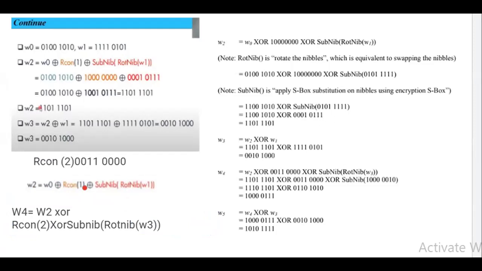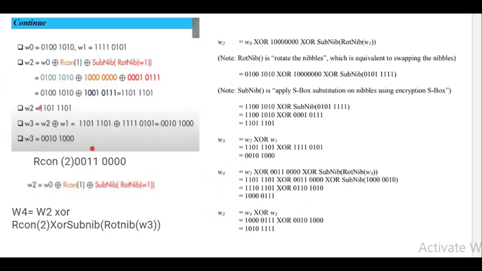So W4 is W2 XOR round constant 2 XOR substitute nibble rotate nibble W3. Putting in the round constant we have discussed, that is 00100000, in the equation, we will get W4. And W5 is straightforward, W4 XOR W3. So I hope you are clear with W0, W1, W2, W3, W4, and W5.